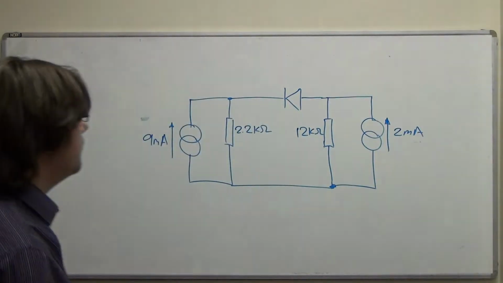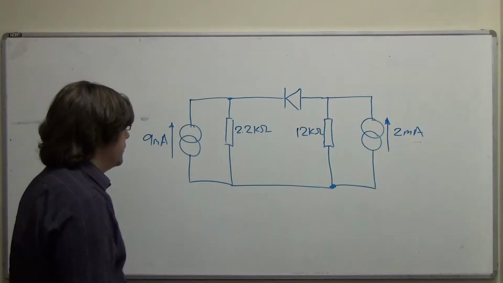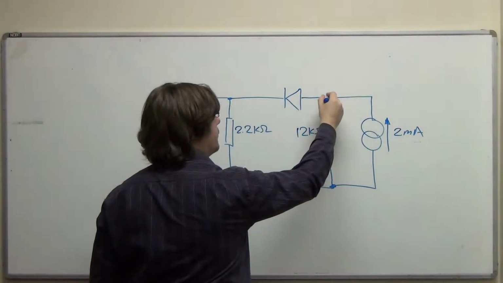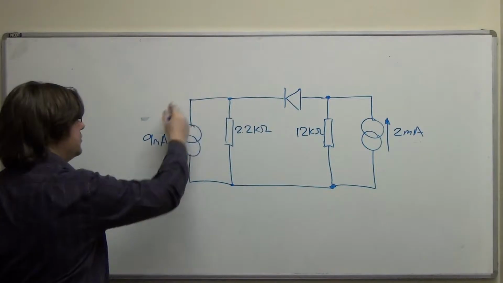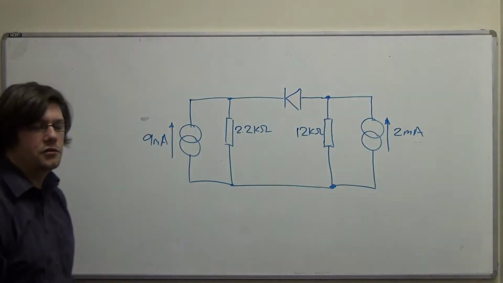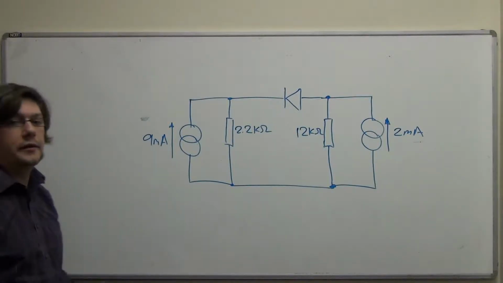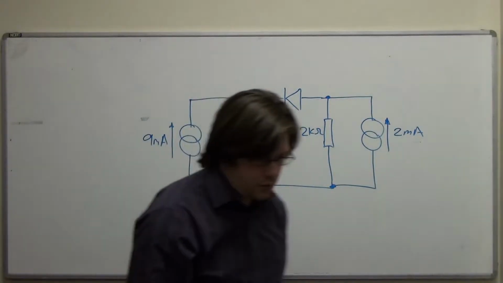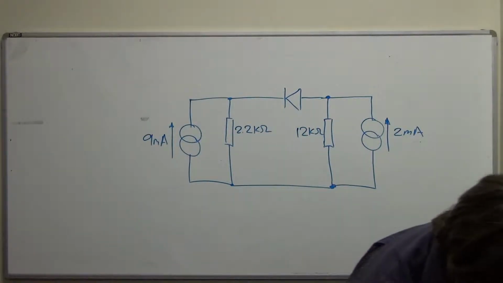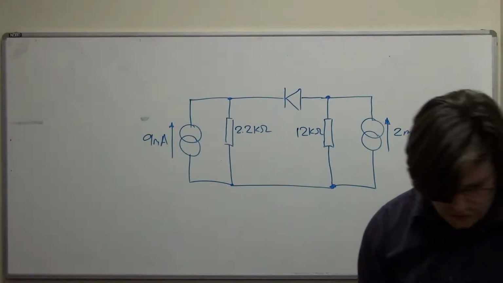Now if you're feeling on the ball, you might go, I'll do a transformation. I'll transform this Norton source and this Norton source into 2 Thevenin sources. That's fine. That works quite well. I don't know what we do in the answers. We didn't do that in the answers.